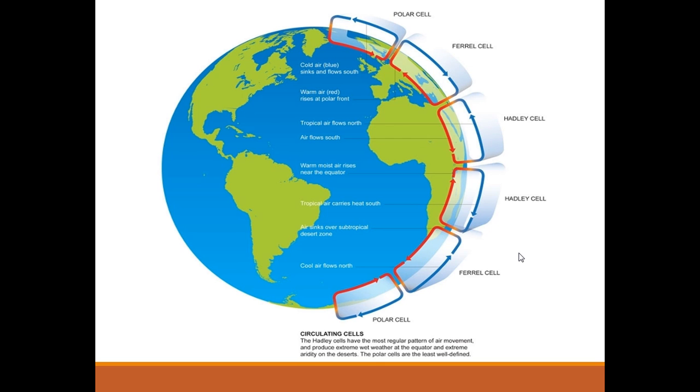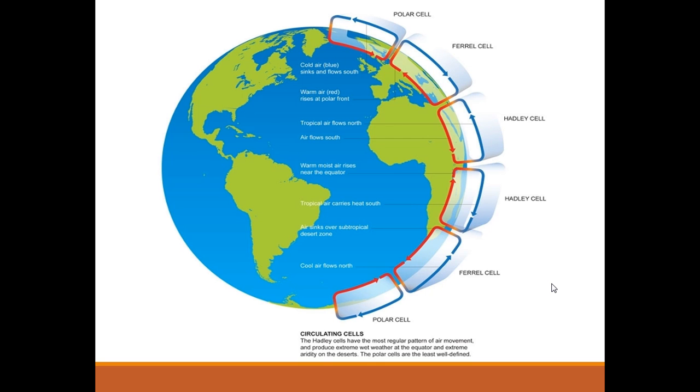But note that they are not all moving in the same direction. If you look at what's happening at the equator, the winds move in opposite directions north and south of the equator. Similarly, if you compare the Ferrel cells north and south, as well as the polar cells north and south, you see they move opposite to each other.